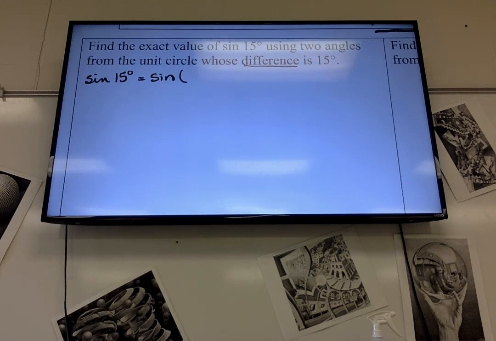So two special right triangle angles that will subtract: 45 minus 30. Now, is that the only one? Probably not. 60 minus 45. Yeah, there's tons of them actually. But yeah, that's one.